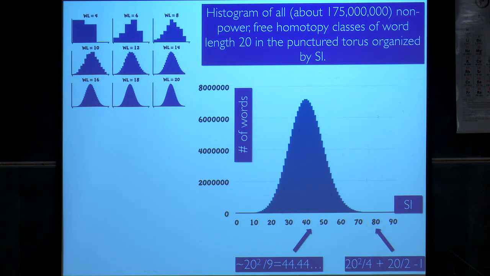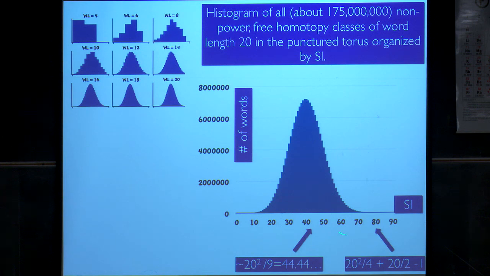And we did. So the statement is that if you look at all the words of a given word length, and you look at the self-intersection, if you look at these words as curves in a certain surface, then the distribution of self-intersection gets closer and closer to a Gaussian when the word length goes to infinity.